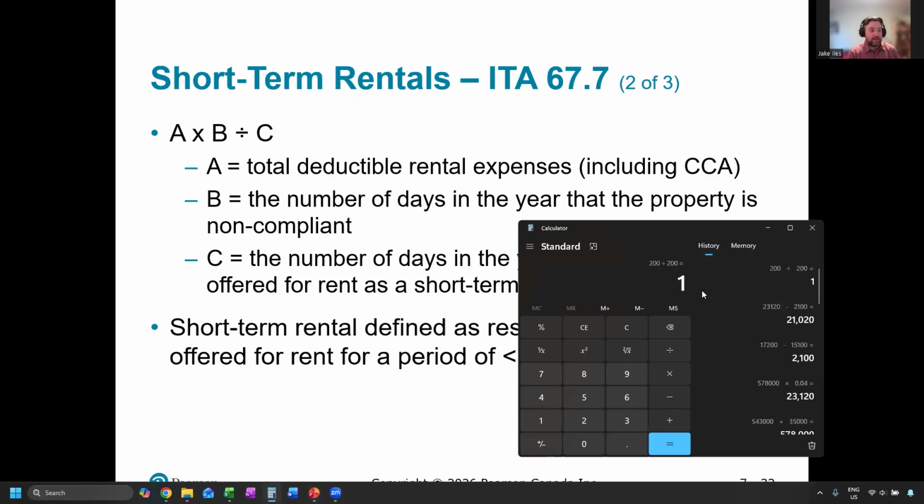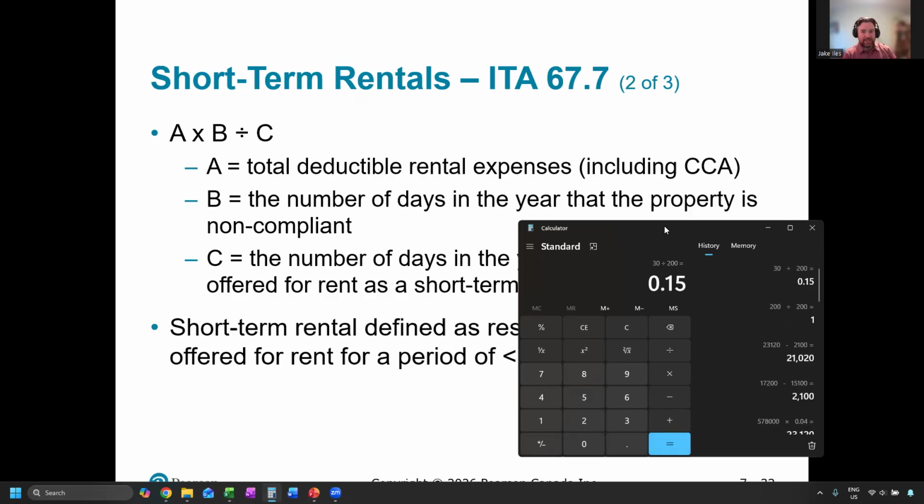So in that example, I used 100%, but let's say I had the house for 200 days. Let's say it took me a month to get it registered. So it was only non-compliant for 30 days, 30 days of the 200 days it was available. I'm only non-compliant for 15%.